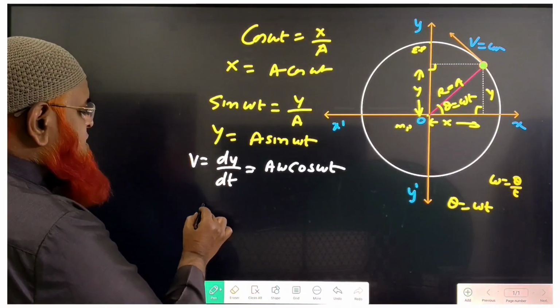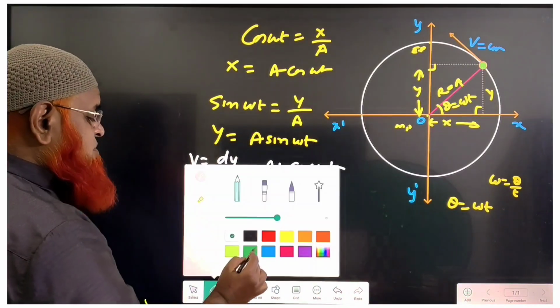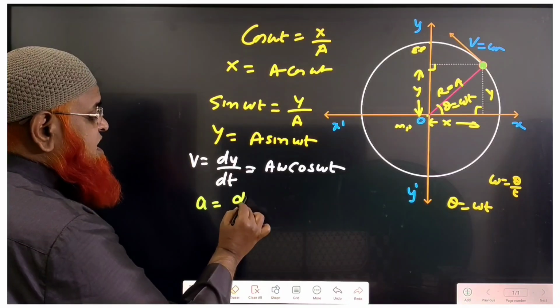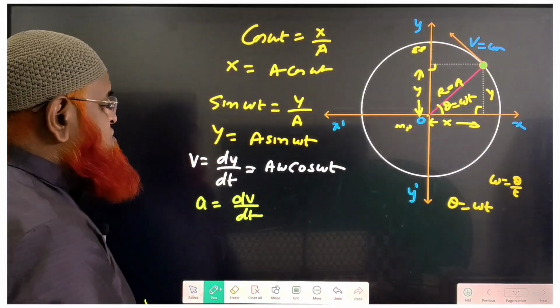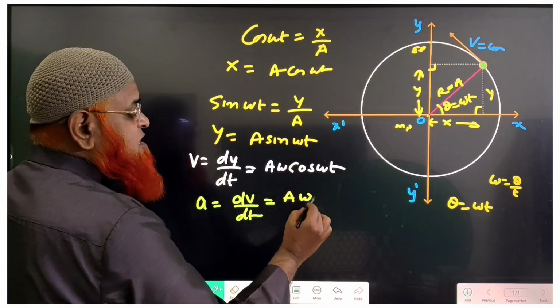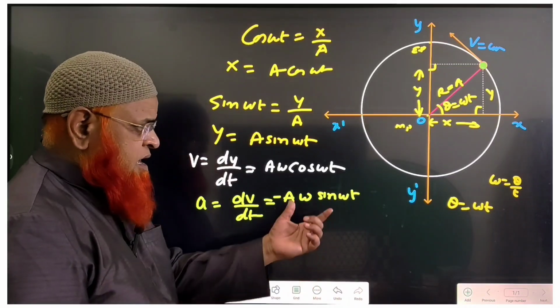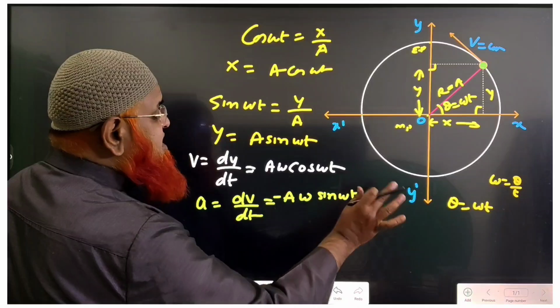Okay. How can we find out the acceleration? If you differentiate velocity once again with respect to time, you are getting acceleration here. So acceleration is nothing but dv by dt. That means you have to differentiate all this. So here, this can also be taken as a omega. If you differentiate cos omega t, you will be getting minus sine omega t. And again, if you differentiate omega t, you will be getting omega once again, and dt by dt gets cancelled.